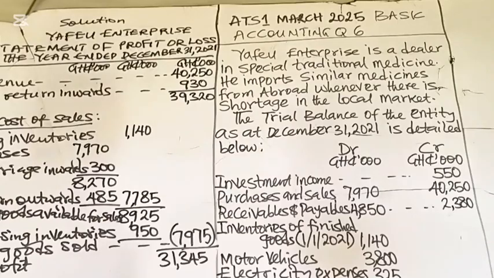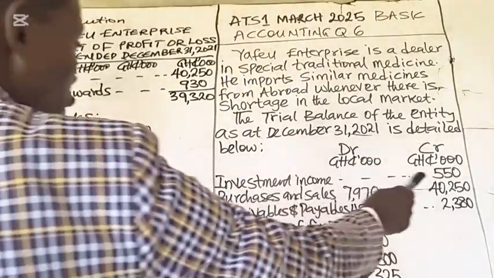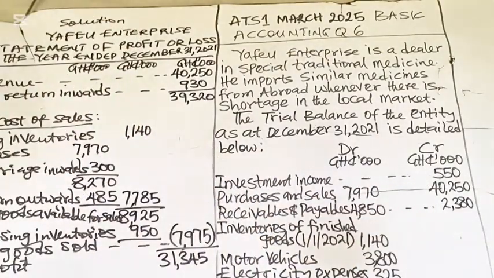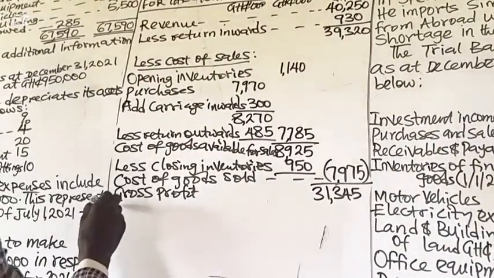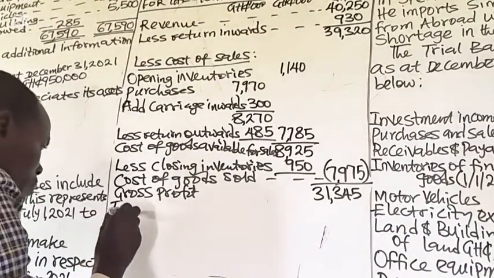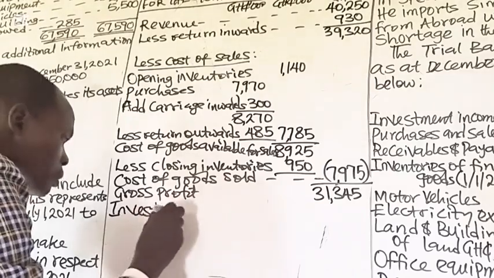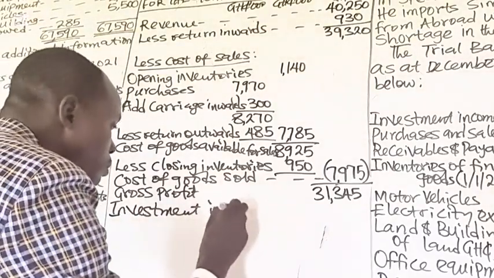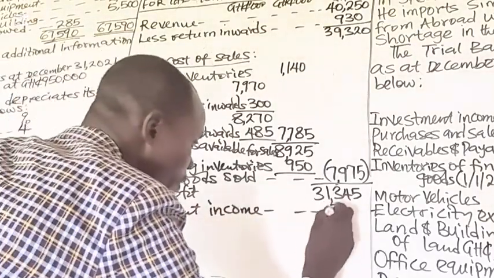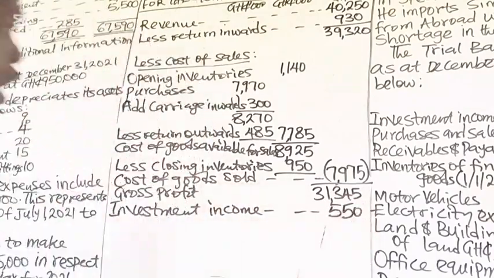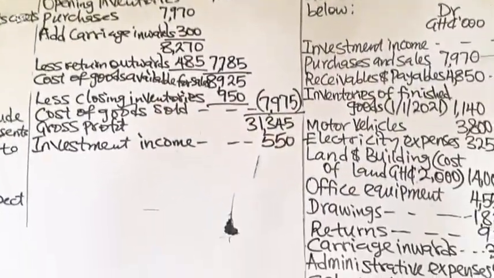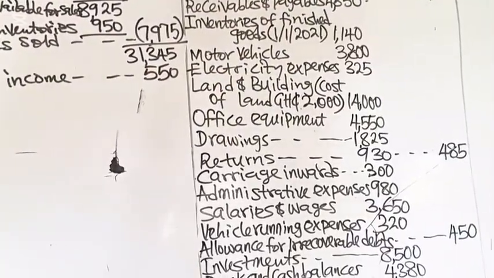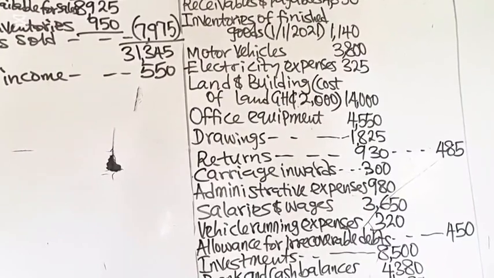If you go through the trial balance, you have investment income of 550. Investment income will be added to the gross profit. So we have investment income of 550. Aside from the investment income, let's run our eyes through the trial balance to ascertain if there are any other income not yet considered.